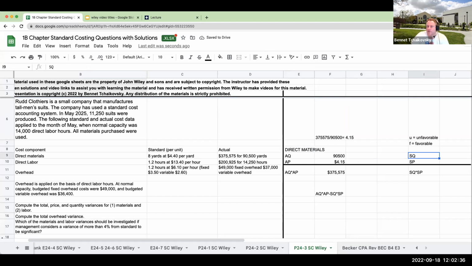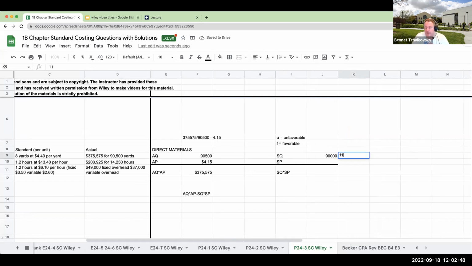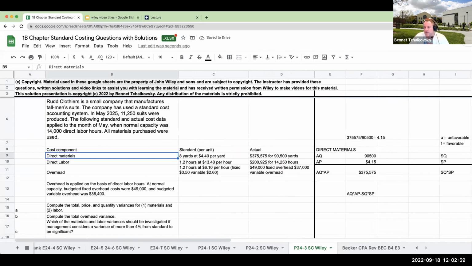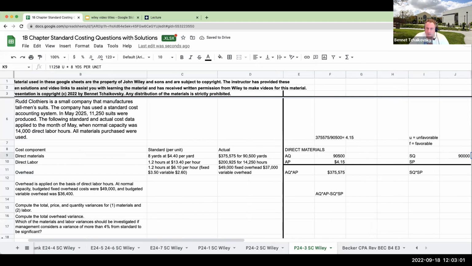Over here, my standard quantity is going to be 8 yards. So how many suits did I make? It's 11,250, which is my quantity, times 8. So this is 11,250 units times 8 yards per unit. My total standard quantity is going to be 90,000, and the cost is going to be $4.40 per yard.